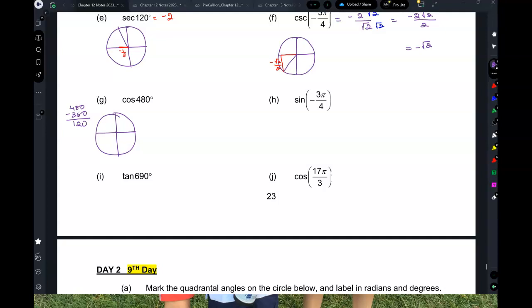Big one, because 120 is here. It's 60 away from 180. So now, cosine, is that the horizontal or the vertical? Horizontal. To get to this point, I go short this way, long that way. Short is a half. So cosine of 480 is negative a half.